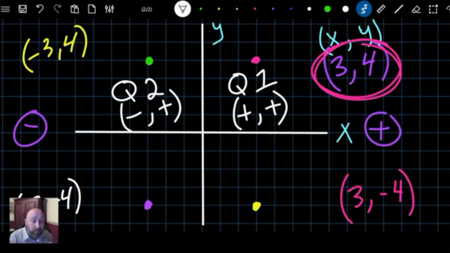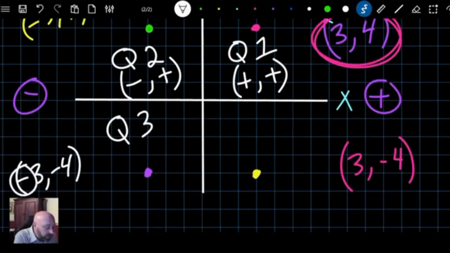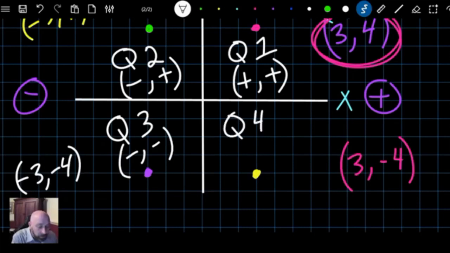Quadrant 2 is negative, positive. Here in quadrant 3, we have negative, negative for our signs. And in quadrant 4, we have positive, negative. That puts it in quadrant number 4.